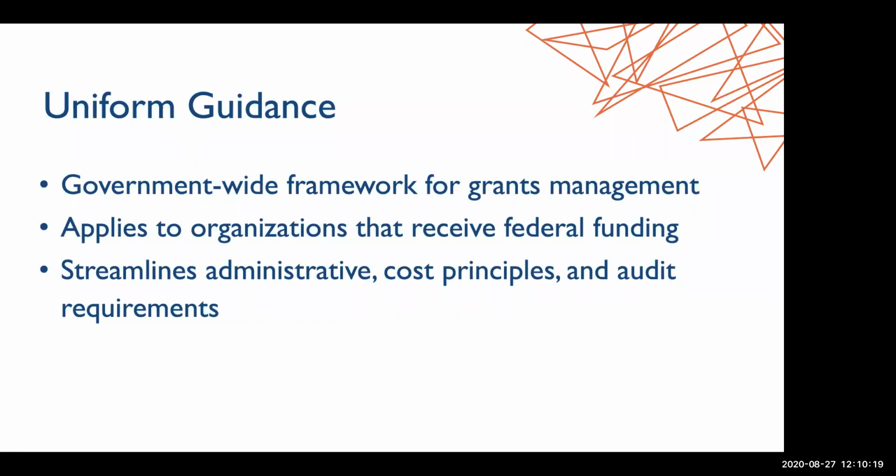Again, it is a government-wide framework for grants management that helps to strengthen program outcomes through effective use of grant-making methods, performance metrics, and evaluation. This guidance applies to nonprofits, institutes of higher education, states and local governments receiving federal funding.